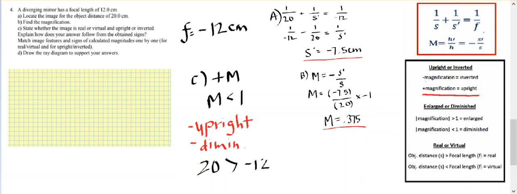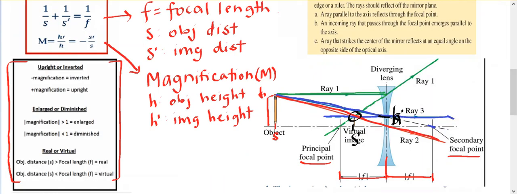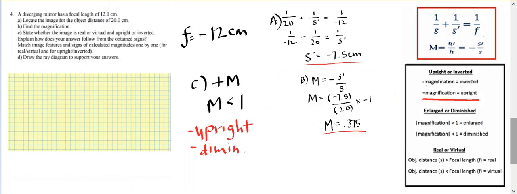However, when we use diverging lenses, our S prime value is negative because in this slide, as you see, it is in the negative on the x-axis. So when the image is behind the lens, we will call that a virtual image. So usually diverging lenses produce virtual images.